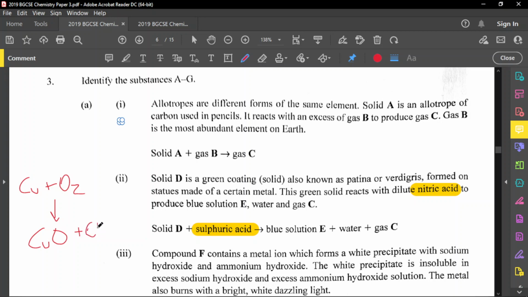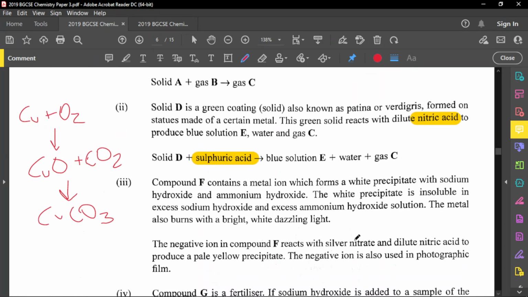So you get CO2 right here, and what you get as a result of this is copper carbonate, CO3. Okay, just to make a note right there. So that's exactly what's going to happen here. And copper carbonate is green. The copper oxide is black, but copper carbonate is green. All right, so let's go to the next part now.